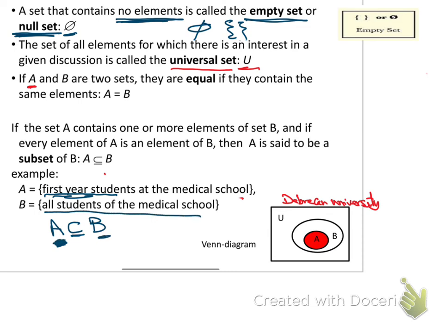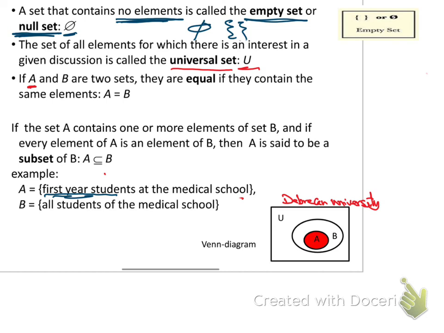So A is a subset. If I try to draw them as a Venn diagram, I can draw B as a big one, and the subset is inside it. So this is A and this is B. If I look at this example, I can draw the universe like this.